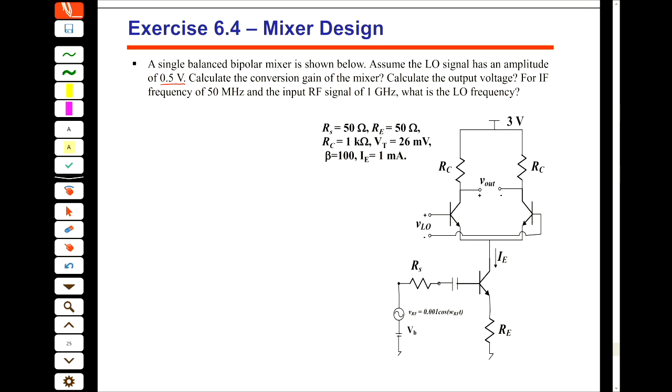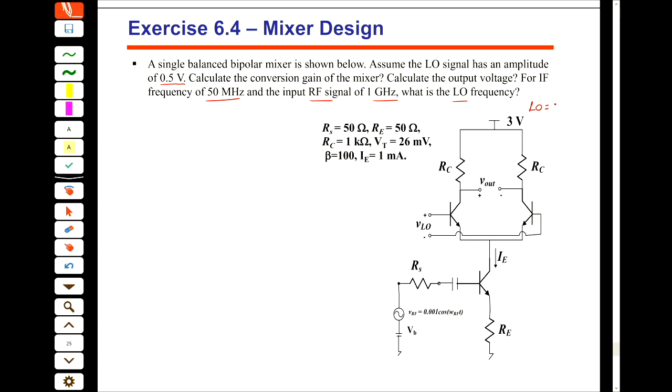We will see what the meaning of the amplitude of 0.5 volt is. It asks to calculate the conversion gain of the mixer and the output voltage and the rest. And if the RF signal is 1 gigahertz and the IF signal is 50 megahertz, what's the LO?